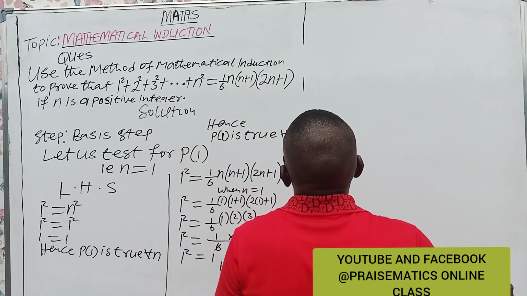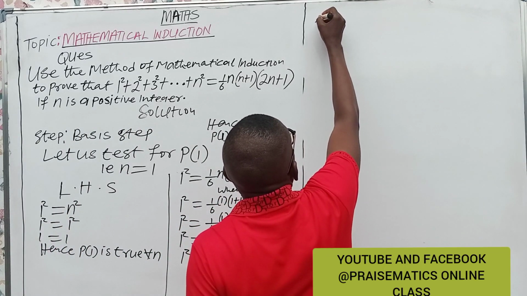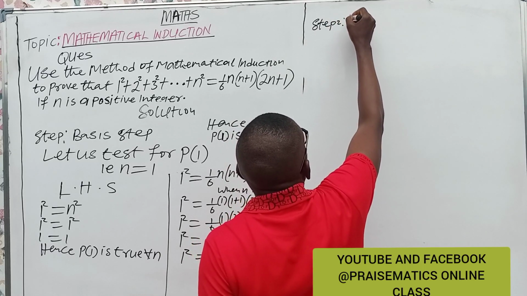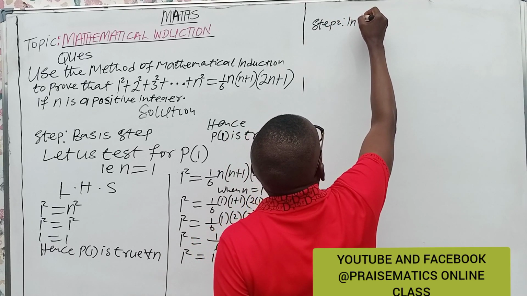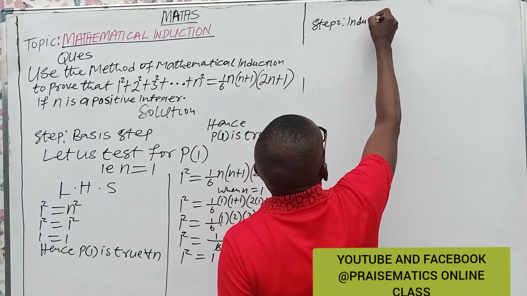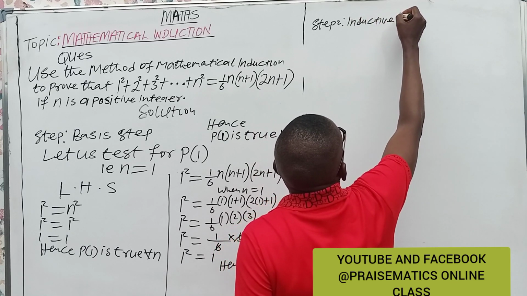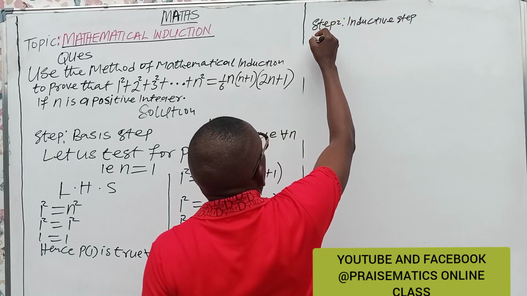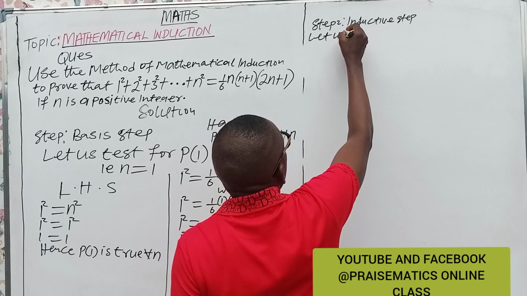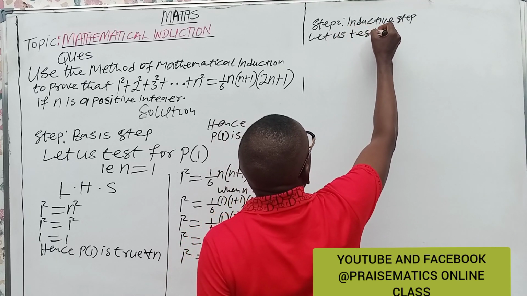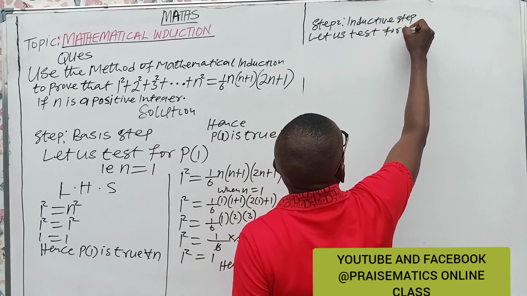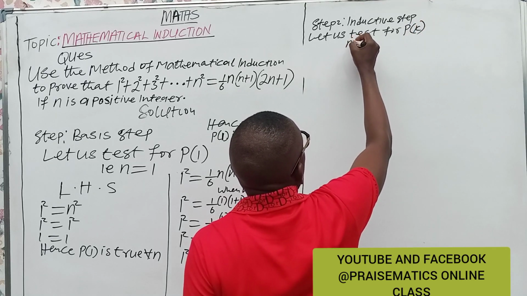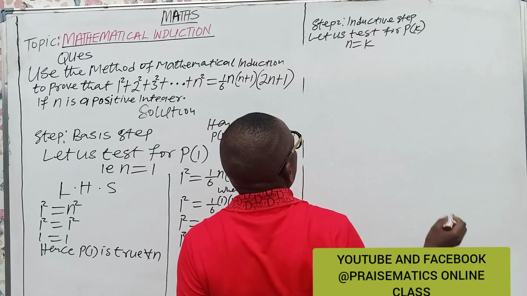Okay, now let's go to case 2. Step 2, which is the inductive step. What do we do here? Let us test for P of k, that is when n equals k.